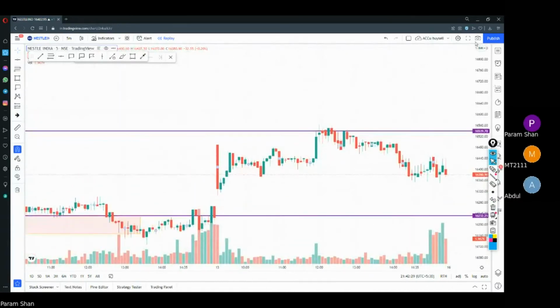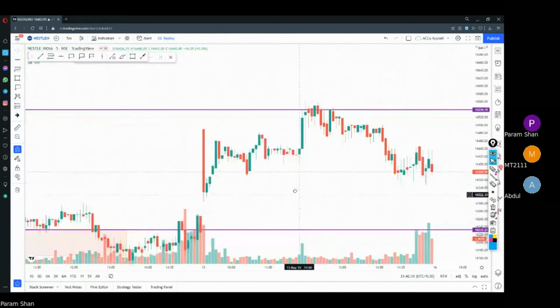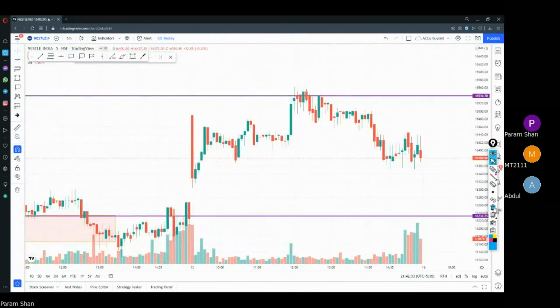So this is the area where you should be very, very careful, because you have not learned how to trade so far. You have just understood what we can call a support, what we can call a resistance. But how to use the support and resistance, you need to be very careful now.